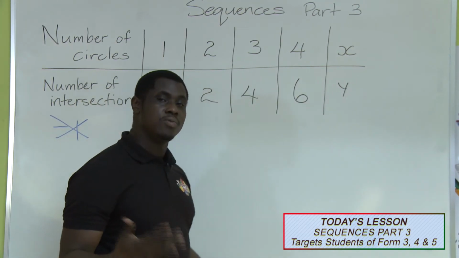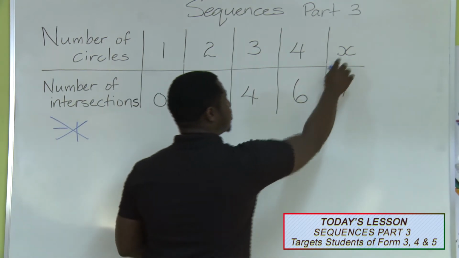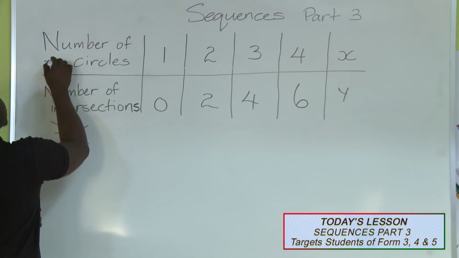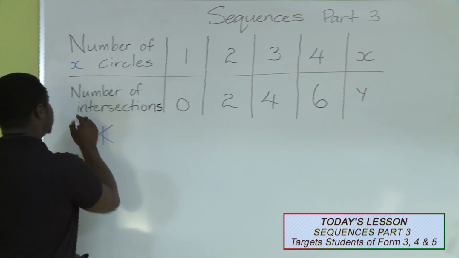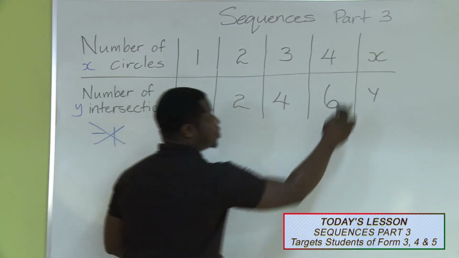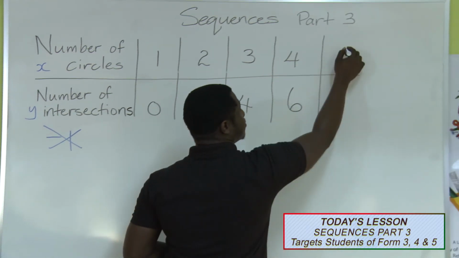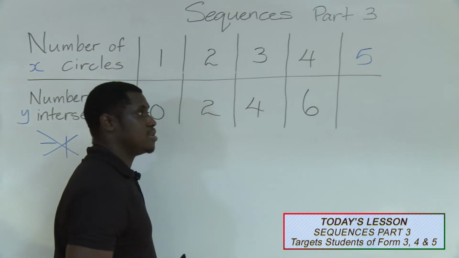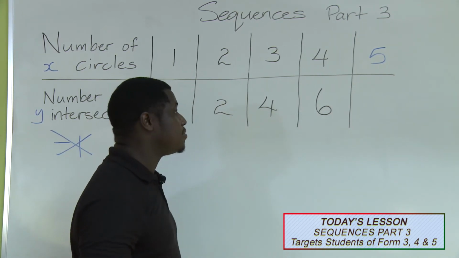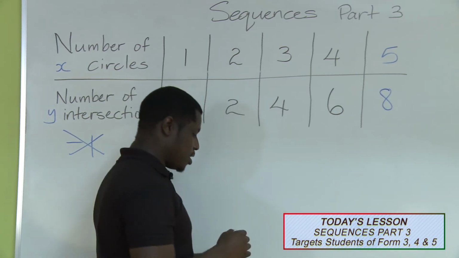Now, if we are thinking about having 5 circles, remember that x represents the number of circles, and y represents the corresponding number of intersections. So if I had 5 circles, how many intersections do you think we would have? Yes, 8 intersections.